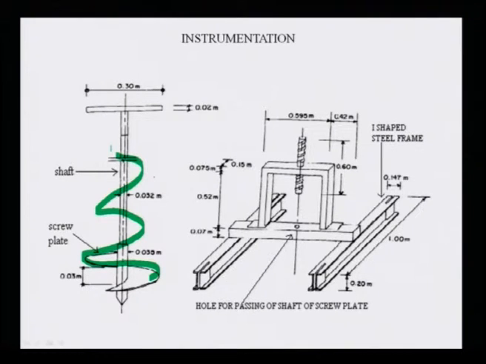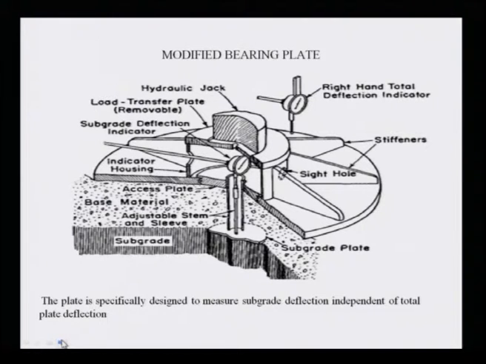Here the settlement observed is more accurate. This plate is specifically designed to measure subgrade deflection independent of total plate deflection. Look at the difference.